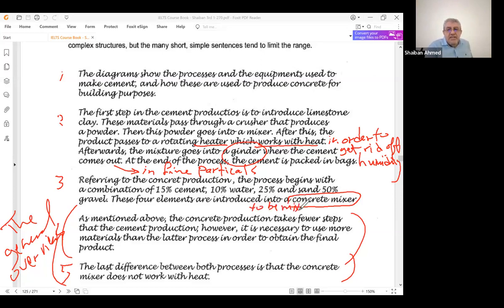To be mixed what? When you rotate them, what happens to them? To mix them well, to be mixed well, or to be mixed evenly. Evenly means all together, بالتساوي. So yes, to make it concrete. So mixing is a very important thing here.